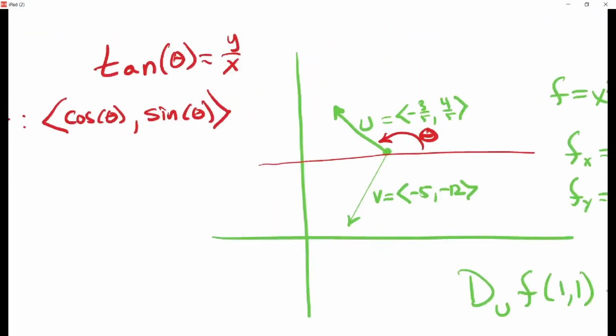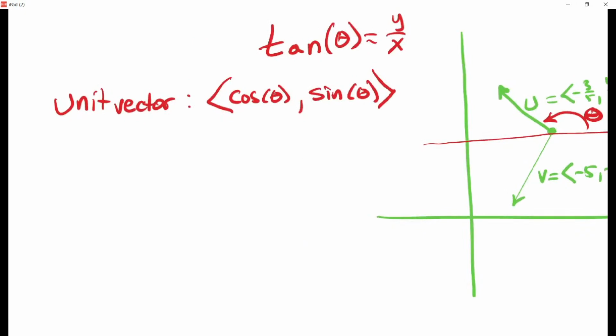If you're given an angle, then just compute the sine and cosine. Otherwise we're going to have to figure out the angle itself, and then figure out sine and cosine of that angle. It's a pain. We don't want to do that. So let's just use the unit vector method.